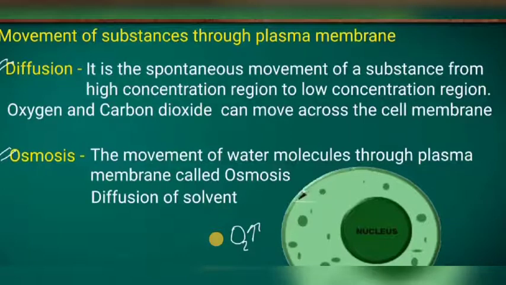So what happened? This outside oxygen gets inside due to the lower concentration of oxygen present in the cell. So the outer oxygen goes inside the cell.